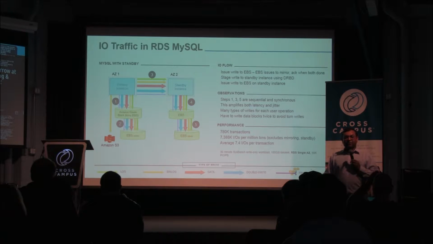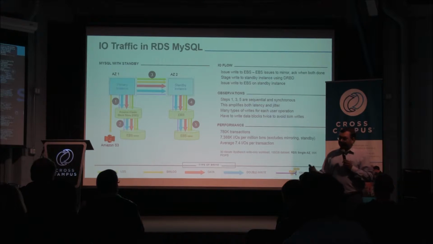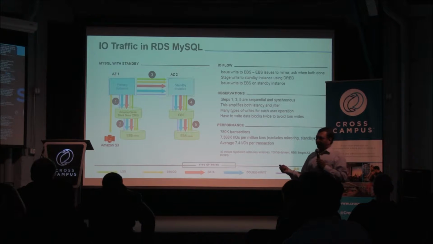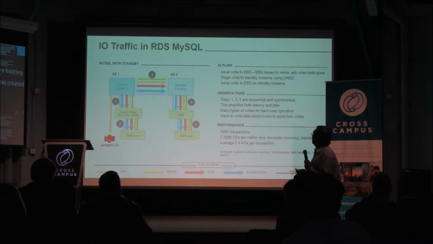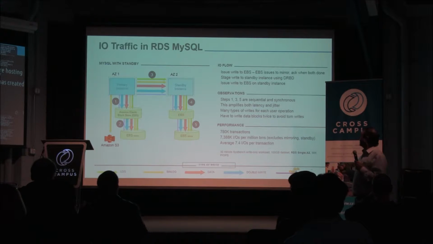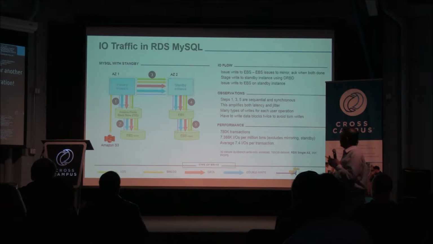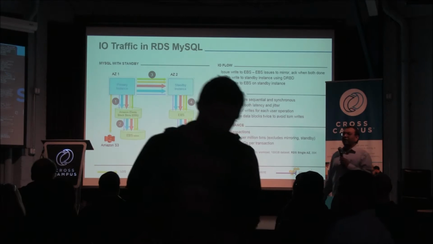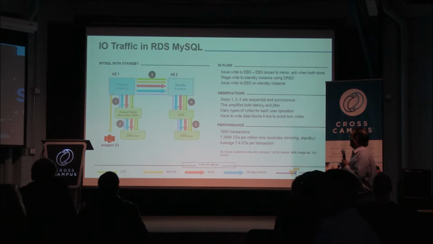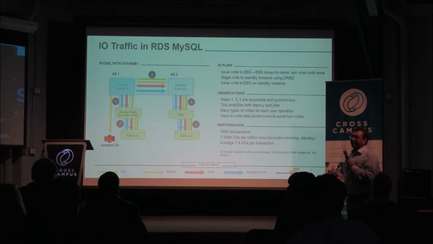EBS does asynchronous mirroring, so it's getting copied into a secondary volume. Then you are doing a replication, not a bin log replication, we do a different type of replication in this case, and it goes to the standby instance. From there you are writing to the local volume of the standby instance, and then to the parallel volume that EBS maintains as a mirror. Right?